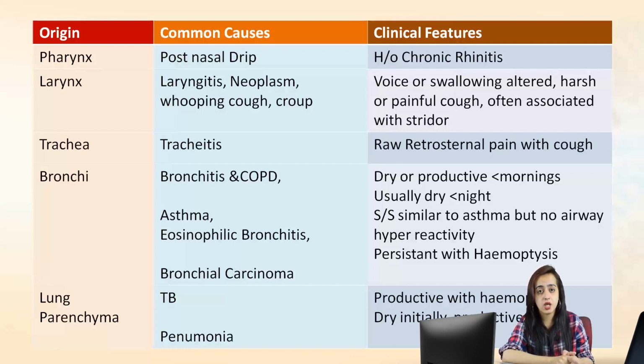In such cases, the patient may tell us that he has dry or productive cough which is worse in the mornings and again at night, but usually at night the cough is dry. The signs and symptoms could be similar to asthma in cases of airway hyperreactivity. In cases of bronchial carcinoma, you will have other associated symptoms present with the case.